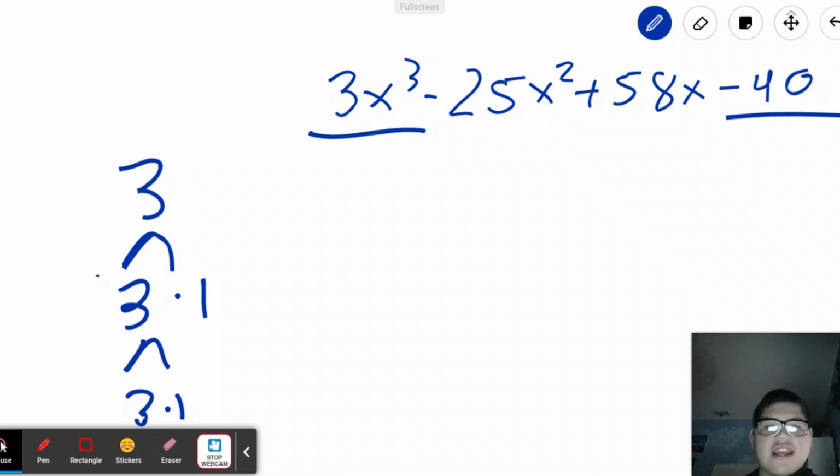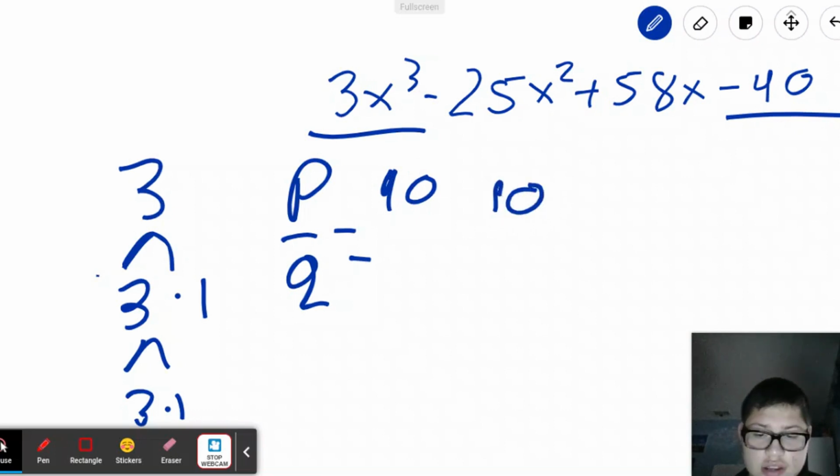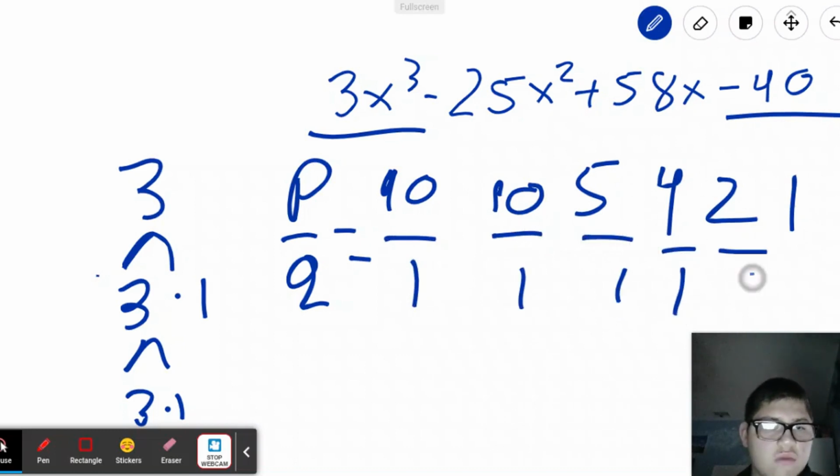So basically trying to get the p and the q, I know that we have to do a p and a q, but when trying to solve p and q, I would wonder, because there's a 3 and 1, would we have to do this term, for example, 40, 10, 5, 4, 2, and 1? This would be 1, 1, 1, 1, 1, and 1.